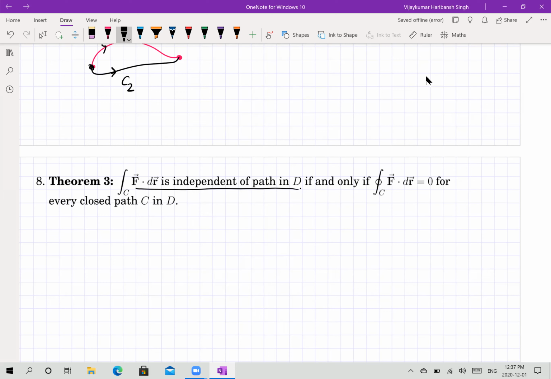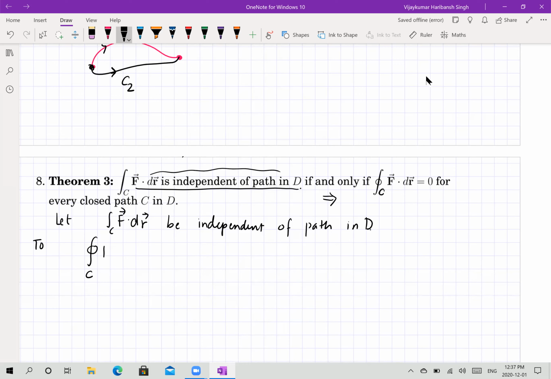We'll prove from here that this implies that the integral over a closed curve C of F dot dr is 0 for every closed path C in D. So assume that the integral of F dot dr is independent of the path in D.